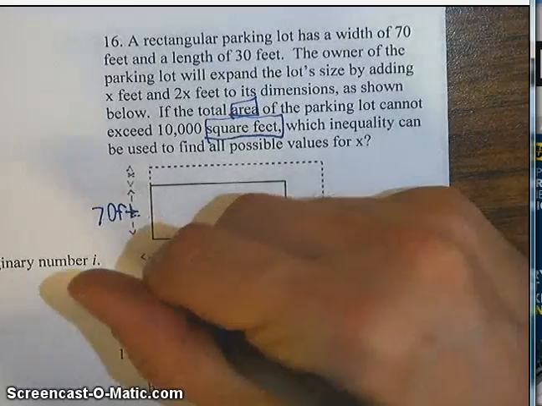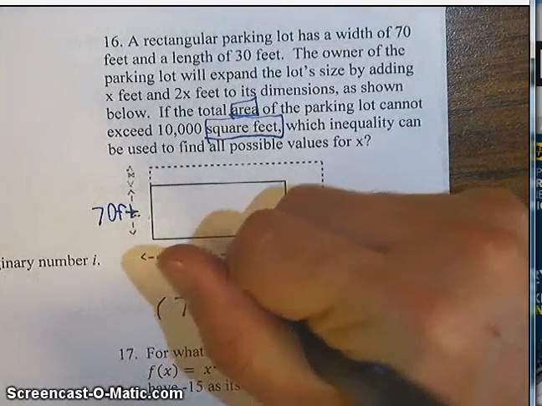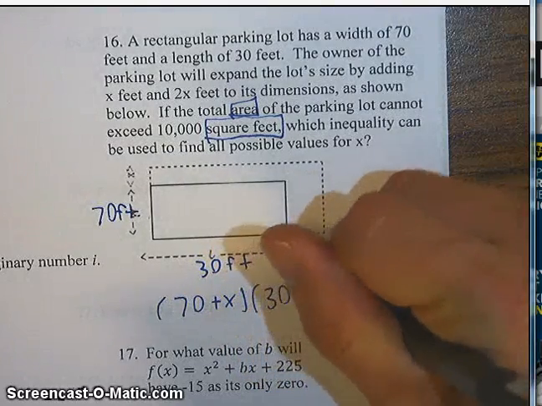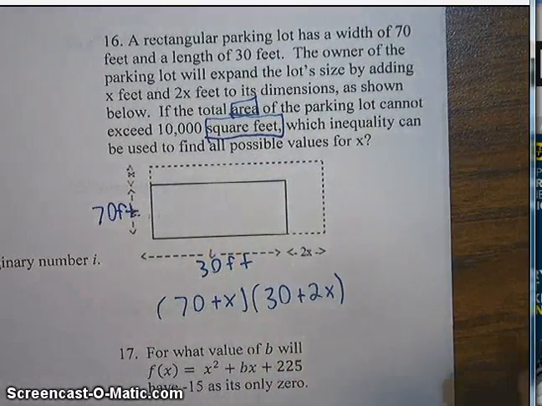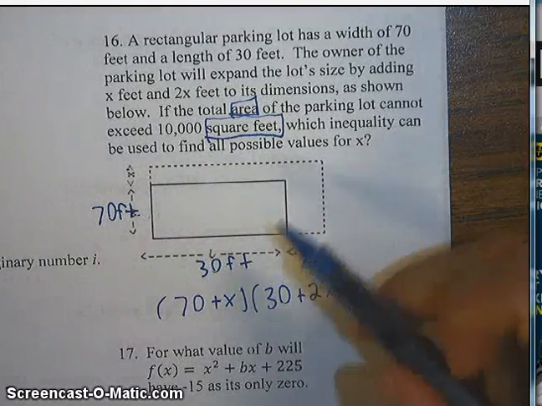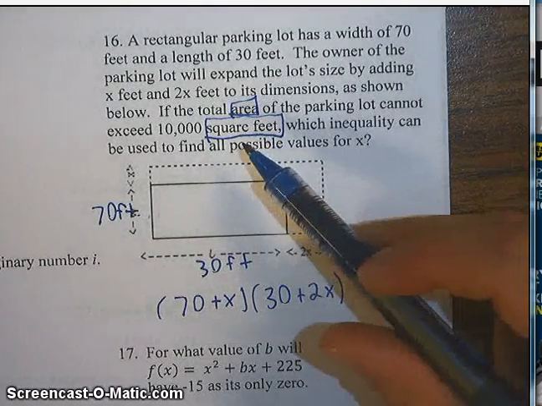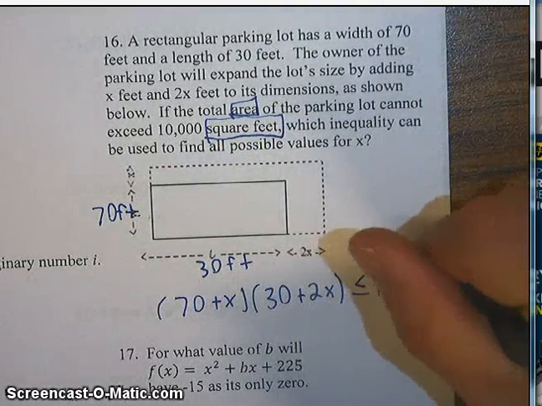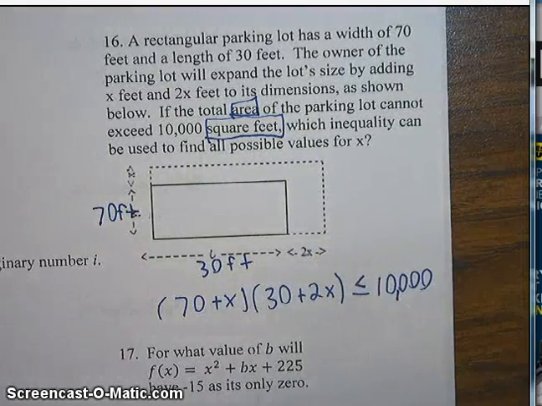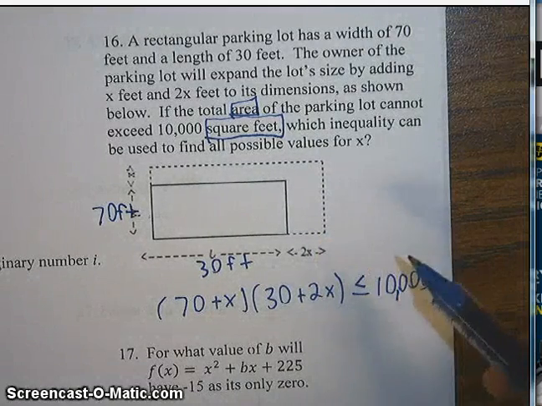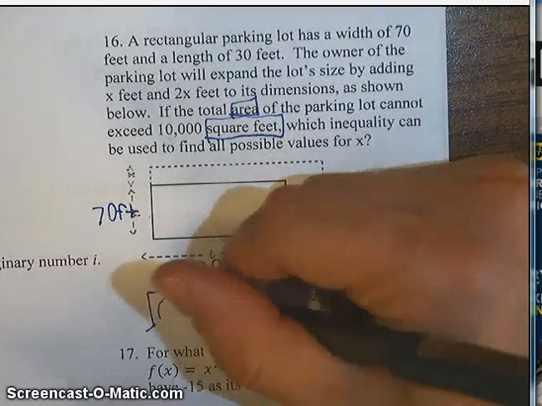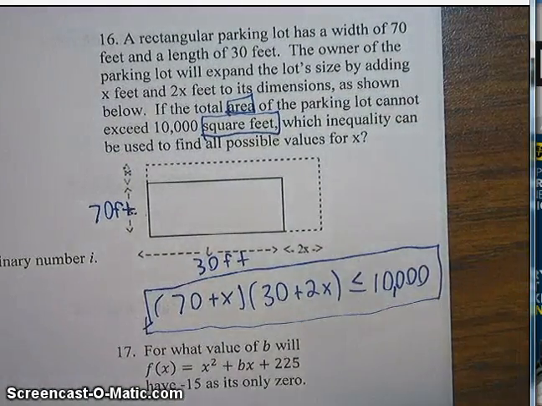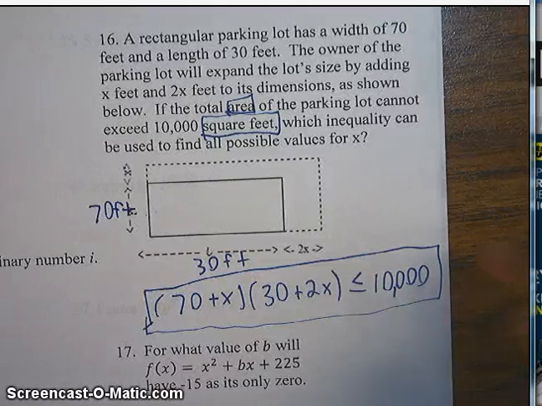So if I was to find the area, I'd say, okay, 70 plus x is the width, the length is 30 plus 2x, and I know that the area cannot exceed 10,000 feet, which means this thing has to be less than or equal to 10,000 feet. And it says, write the inequality that can be used to find all the values for x. Well, that's the inequality right there. It didn't ask us to solve, simply to write an inequality, which is what we've done.